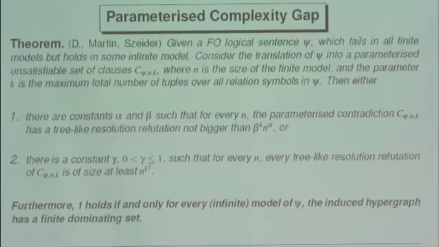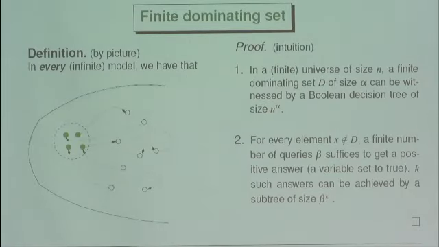So if it so happens that in every infinite model of the original first-order formula, the induced hypergraph has a finite dominating set, then it is easy. Otherwise, it is hard.